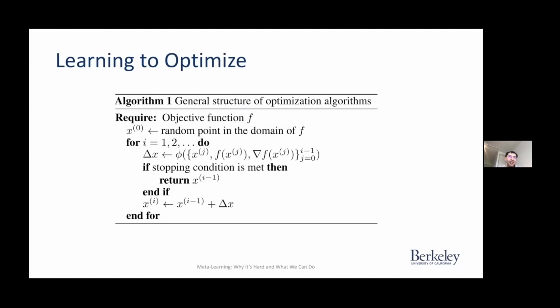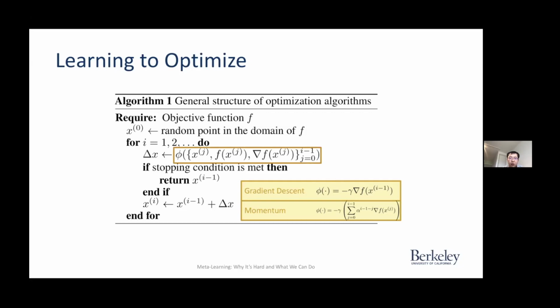But anyways, if we take a look at the framework, the general structure of optimization algorithms has these different update formulas that take in the gradients or the history of gradients, iterates, and possibly also the recorded values, and that gives us the updates that we use to compute the next iterates.